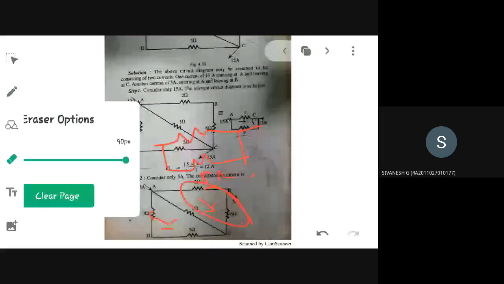Okay. See the circuit now. I'm hoping you understood. The earlier thing we were doing gave only the current through 2 ohm, but you need to find the current through 1 ohm.